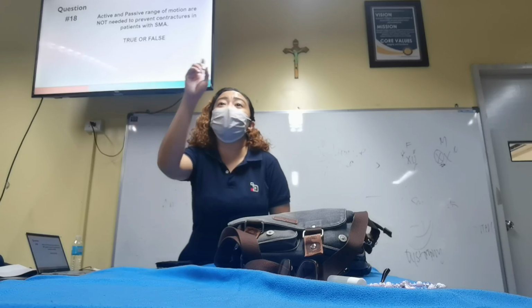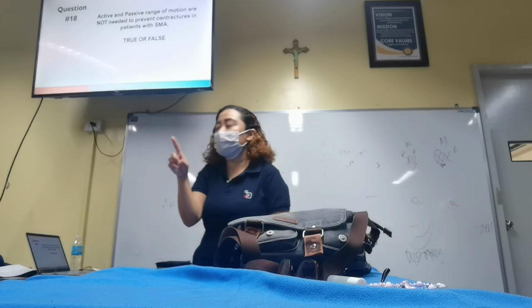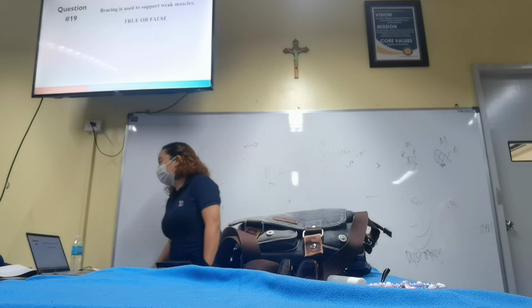So for SMA 2 and 3, they do not have contractures yet, right? So active and passive ROM is really needed for them, as well as bracing. Is that clear? Okay, another one.